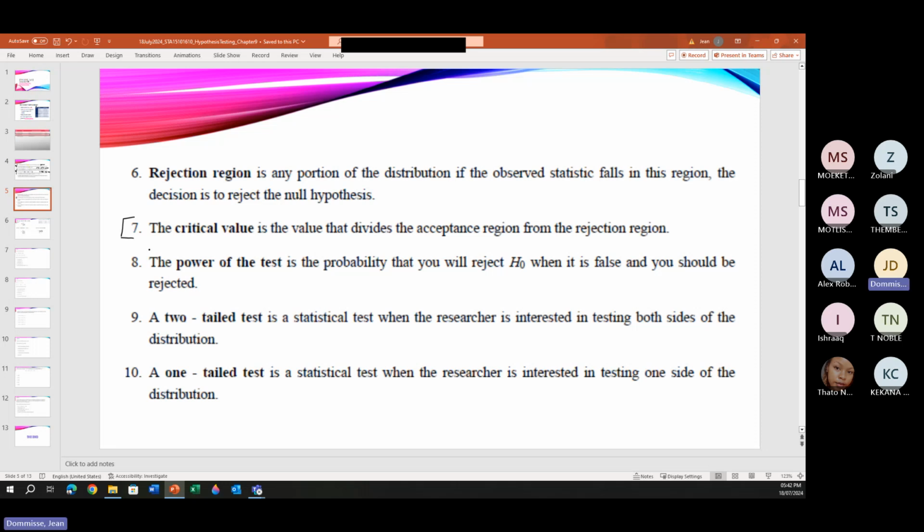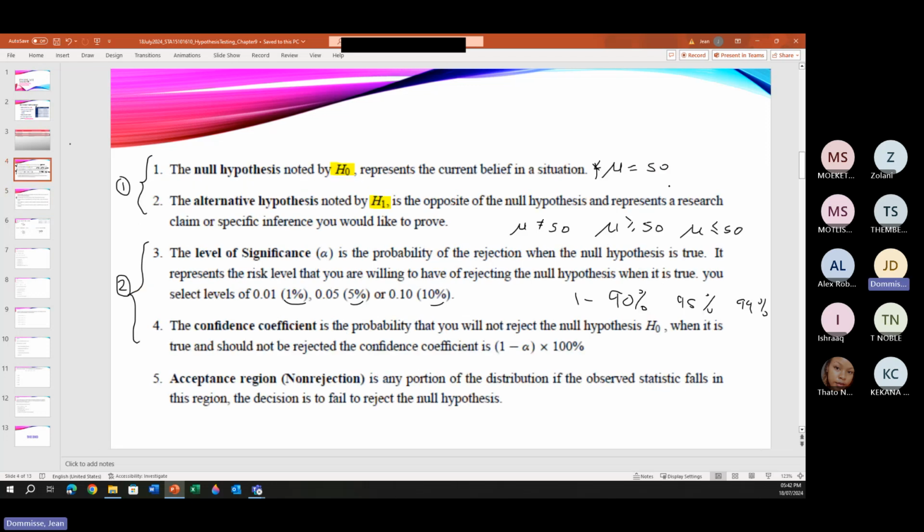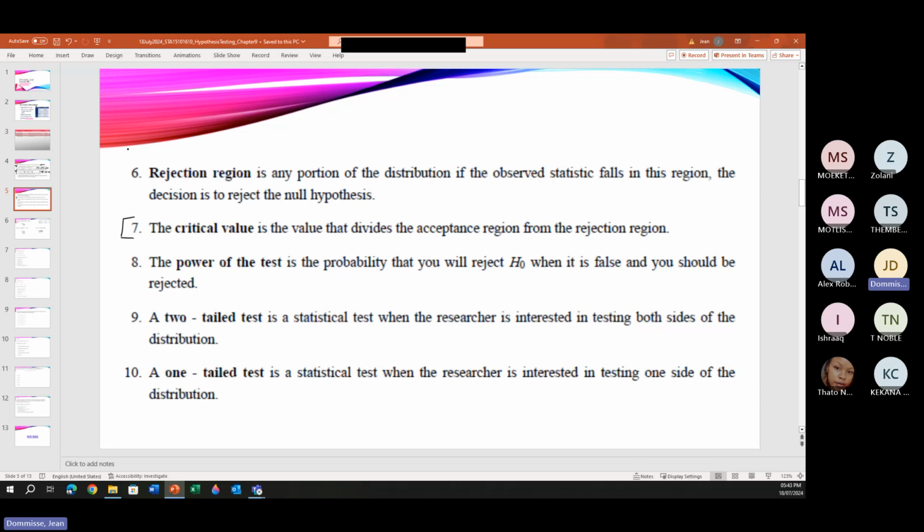Then we're going to decide, okay, I'm going to accept the null hypothesis, or I'm going to reject it. So is it what I worked out? Is the mean really 50, or is it not 50? So that is where we will look at the acceptance value or the rejection region.